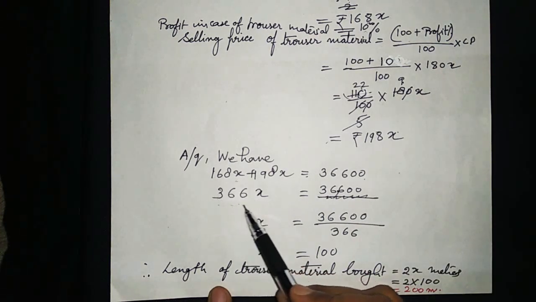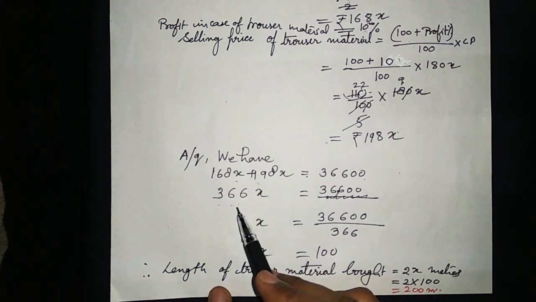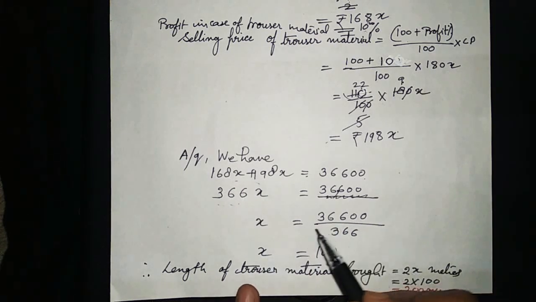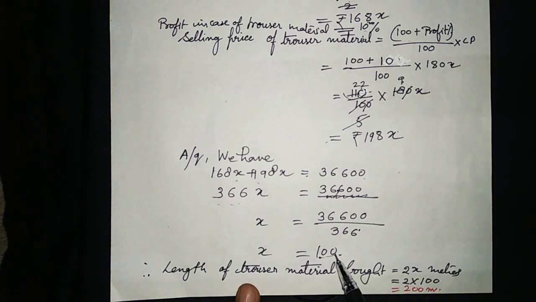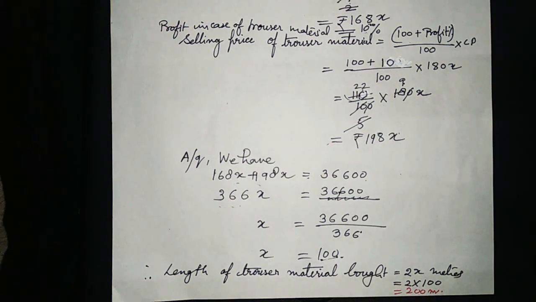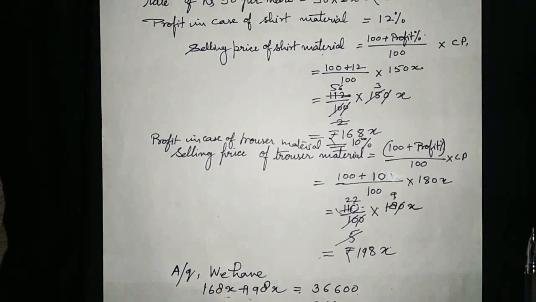Now this 366 is in multiplication, so we will transpose it to the right hand side, then it will come in division. Now 36,600 divided by 366, and when we reduce it, 100 will come. Now see the question once again. How much trouser material did he buy? So the length of trouser material he bought is equal to 2x meters.